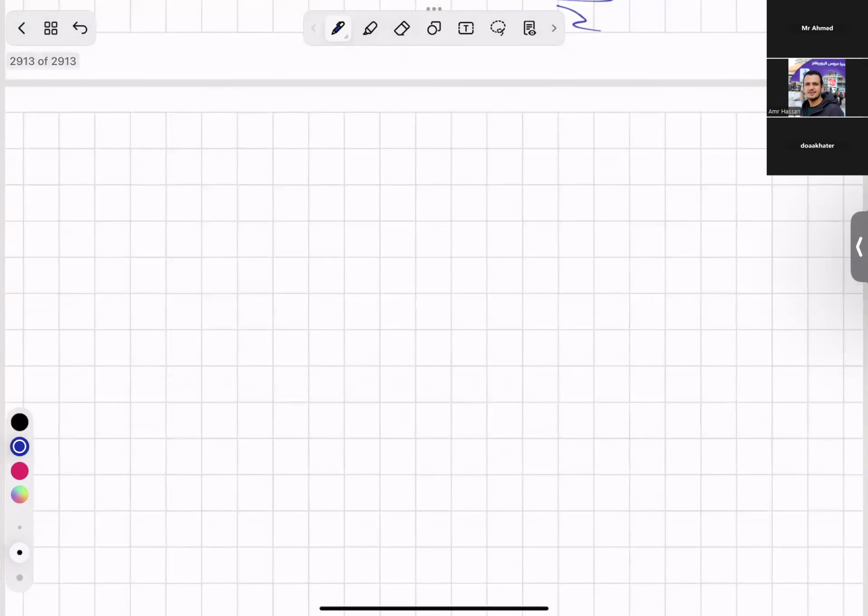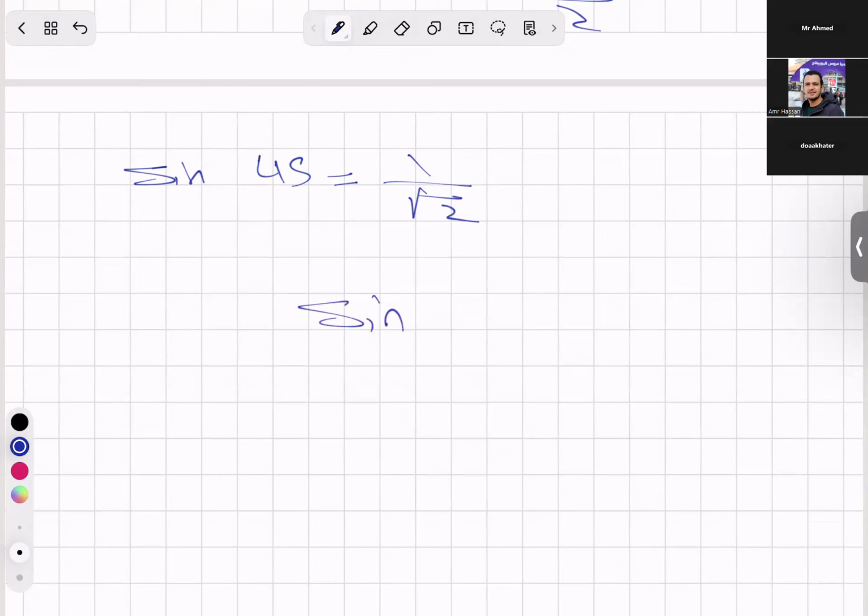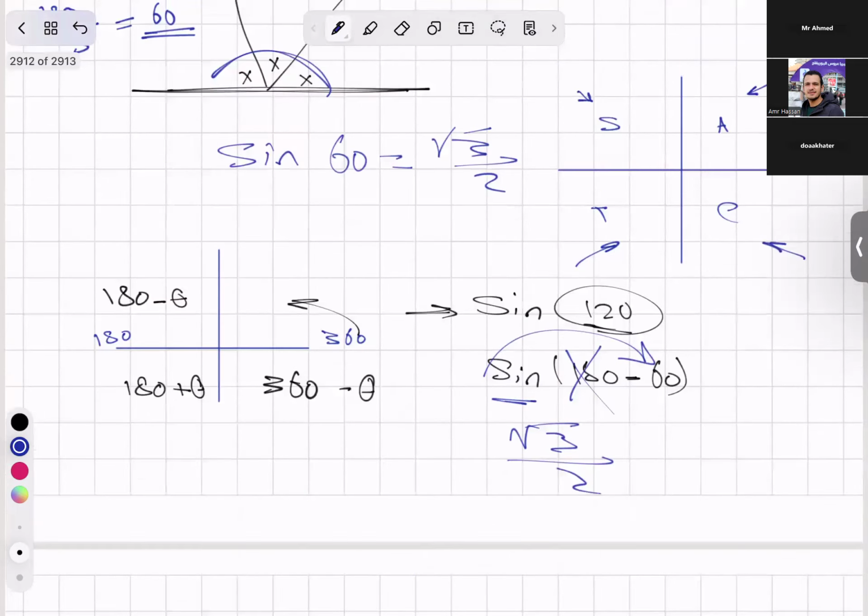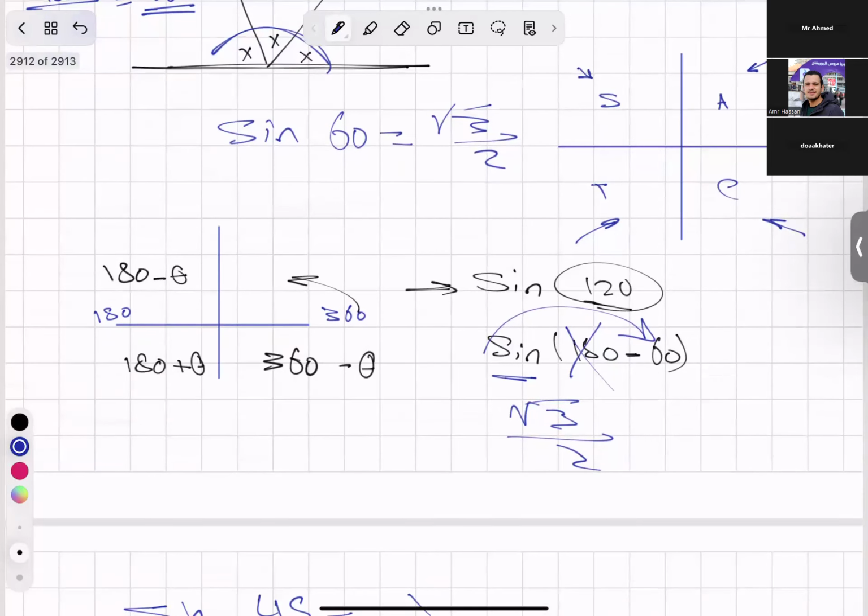But what if you got something else? For example, if I told you sine 45, which is 1 over root 2, and all of a sudden I asked you sine 225. Now, firstly, we need to determine in which quadrant I can find it. Let me return back to this one. So what do you think?